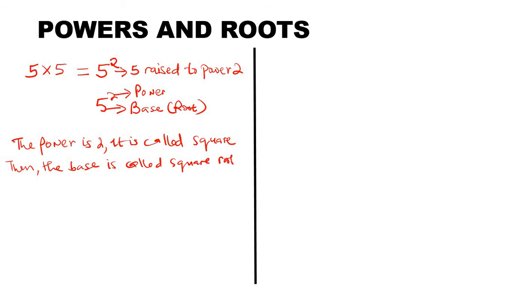Still using our 5 raised to power 2, in this case 2 is the power, which is the square because the power is 2, while 5, which is the base, is the square root.